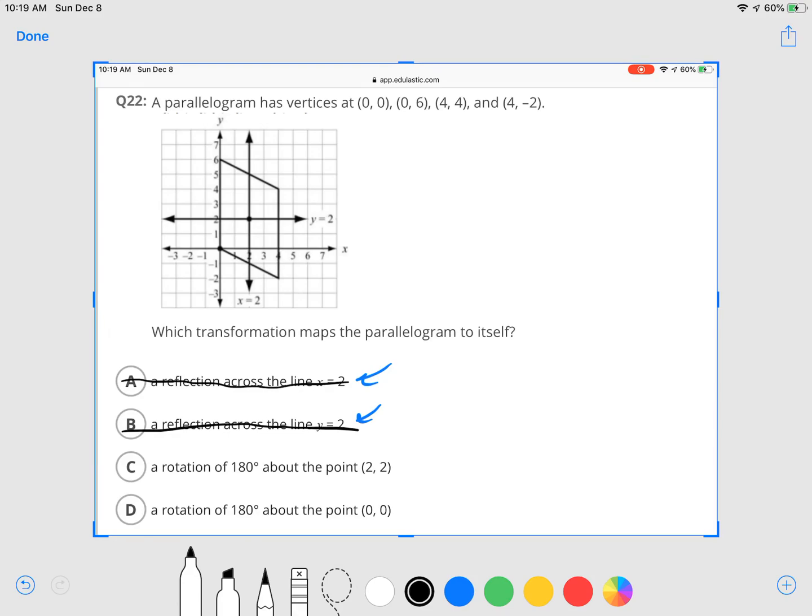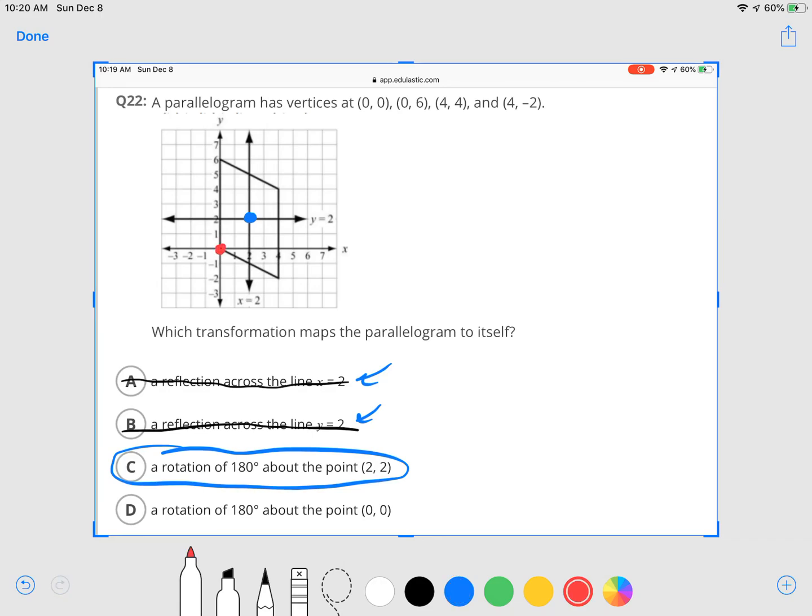Option C says a rotation of 180 about the point 2, 2. Option D says a rotation of 180, but about the point 0, 0. Okay, so the answer is a rotation about the point 2, 2. That means that this would be the center of rotation here, and the parallelogram would rotate around.